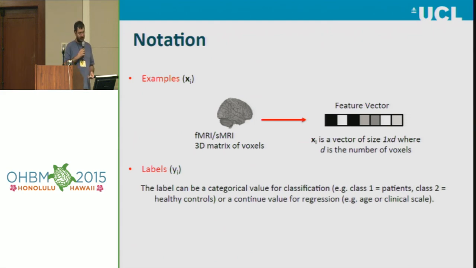Then we'll also have the set of labels y, and these are either categorical values for classification, for example, or a continuous value for a regression. And this is what we're trying to learn. We're trying to learn how to get from the xi, the feature vectors, to the labels, so that we can then apply this to new examples where we don't know what the labels are.